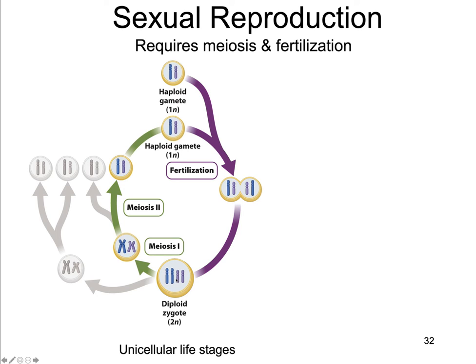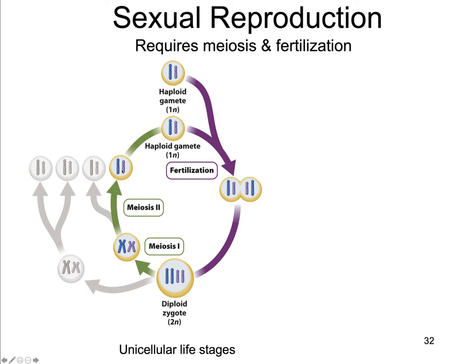And now for this process to continue, this diploid zygote cell needs to go through meiosis to create haploid gametes again. So here we're looking at one part of that process of meiosis. If you're looking at all of these cells here, one diploid zygote cell will produce 4 gamete cells as it goes through meiosis 1 and meiosis 2.